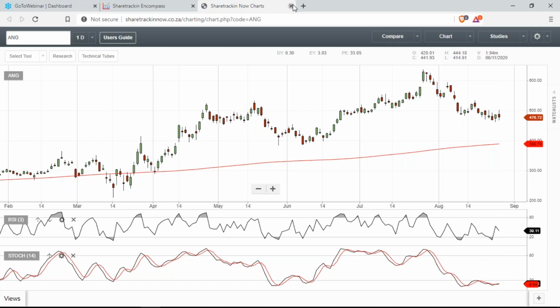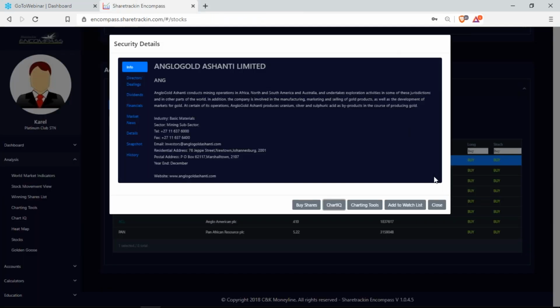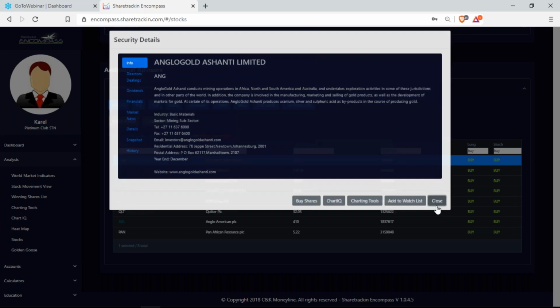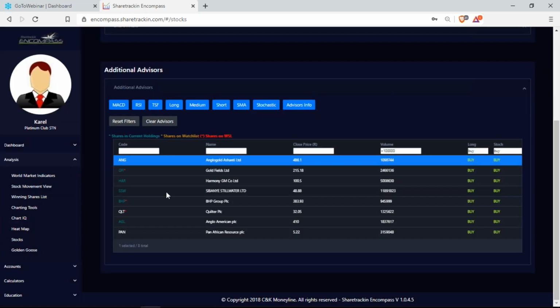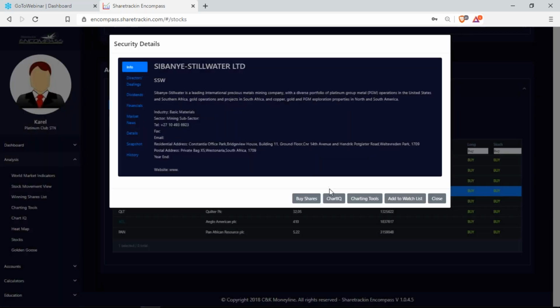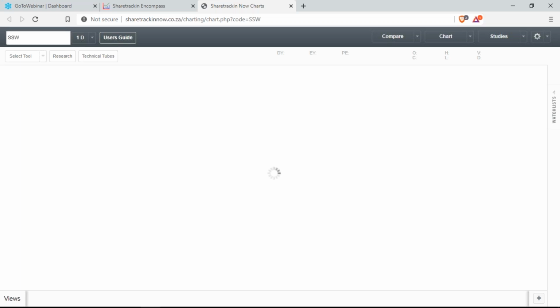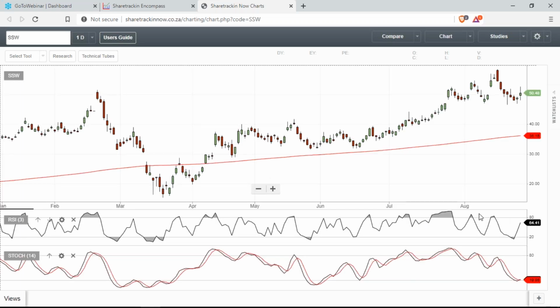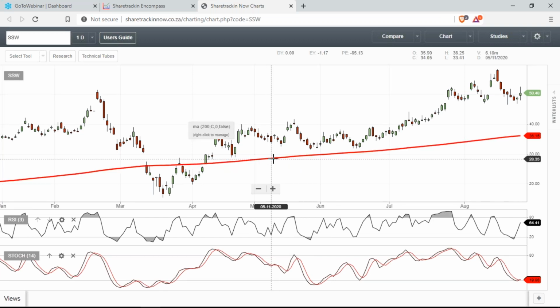Okay, now I'm going to close the charts on top. I'm going to say close, and let's have a look at a last share, SSW. And I say Charts IQ. If I look at SSW, this is a good share. It shows upwards movement.